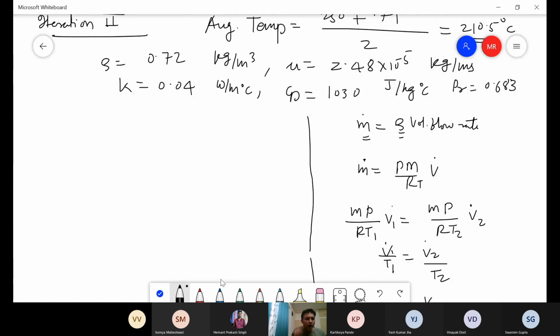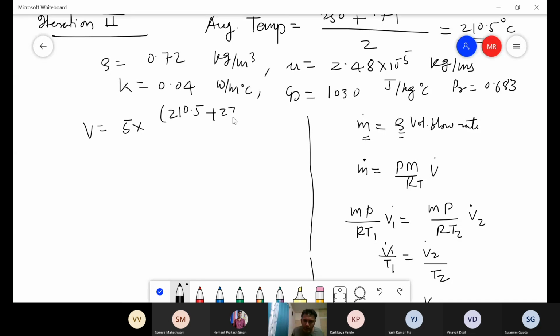Okay. So now based on this, my new velocity is going to be, in this case, we can directly obtain that as 5 into 468.15 divided by 523, that is, 273 plus 250.